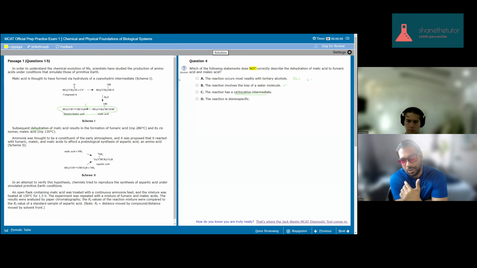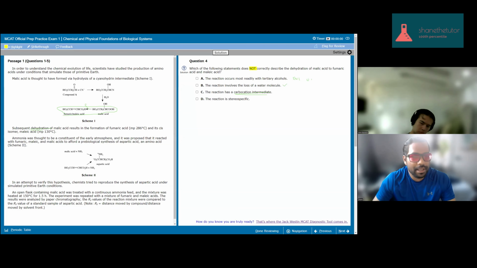But in SN2, you're going to get that inversion. So we know which is stereospecific, and that isn't going to be what we see there.